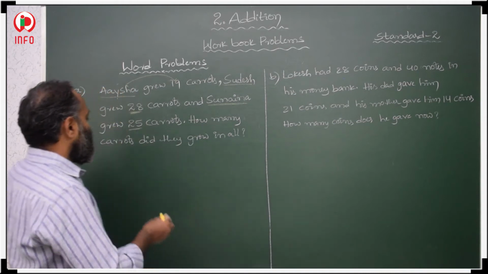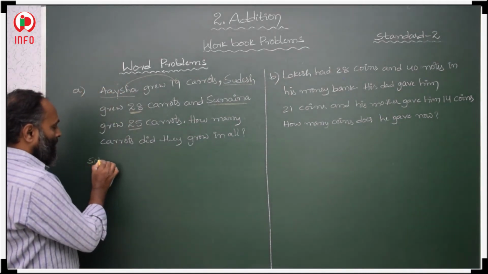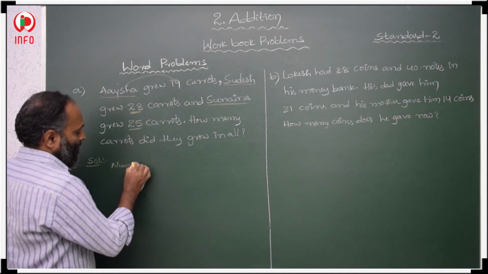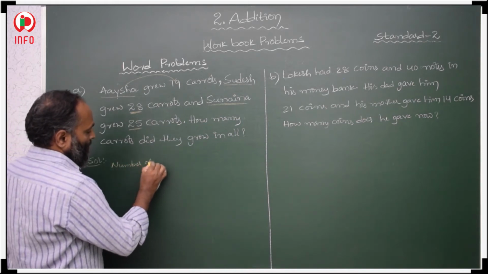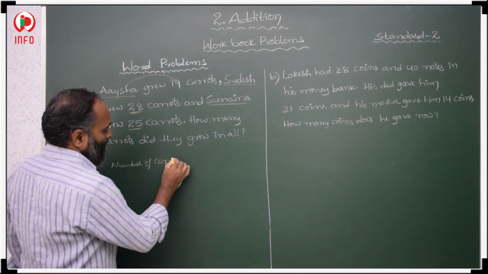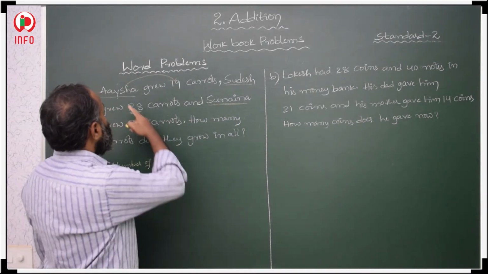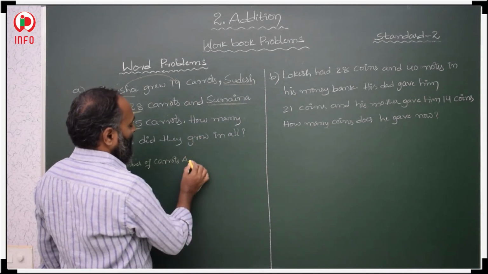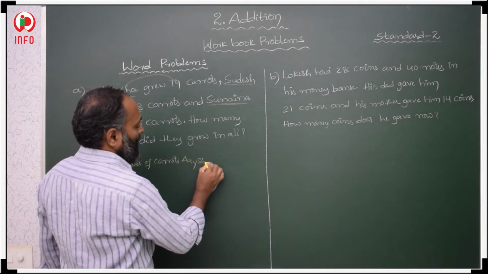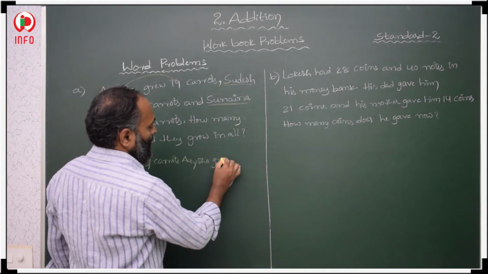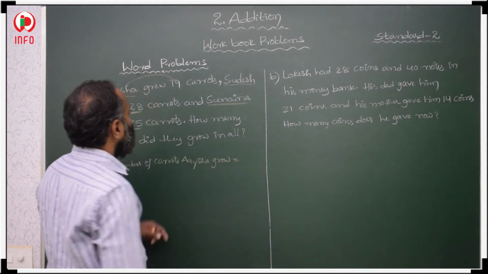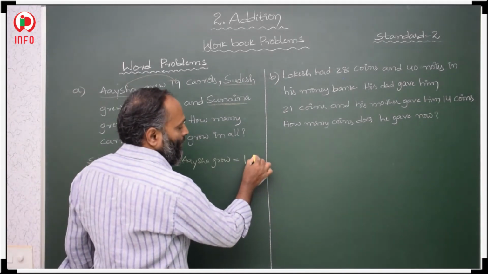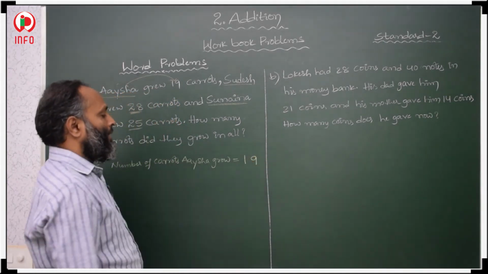Okay. First, your solution steps. Number of carrots, Aisha. Aisha, spelling A-A-Y-S-H. Aisha grew how many carrots? 19 carrots. 19? 1, 9. 19 carrots.